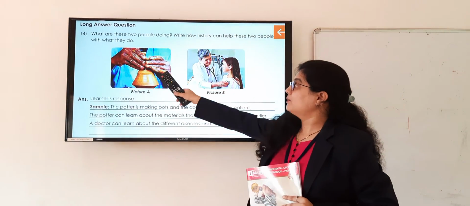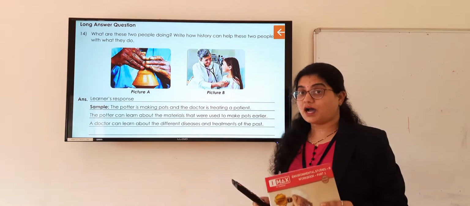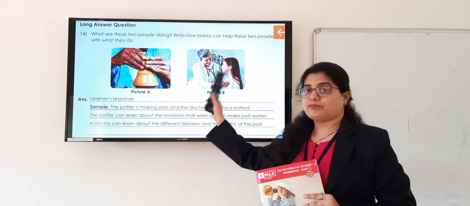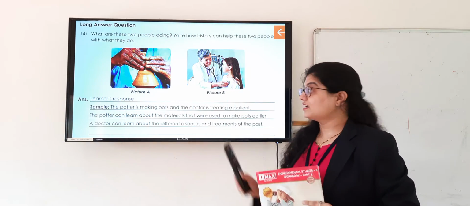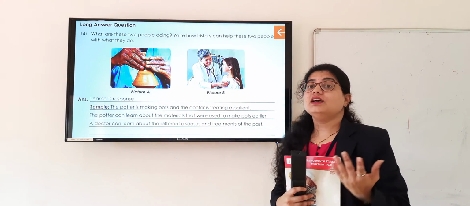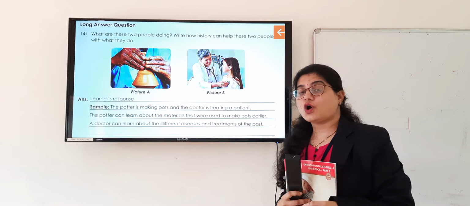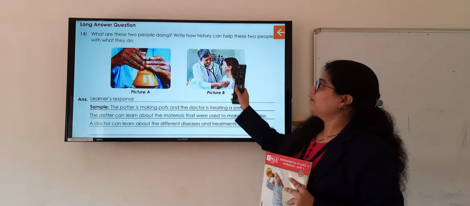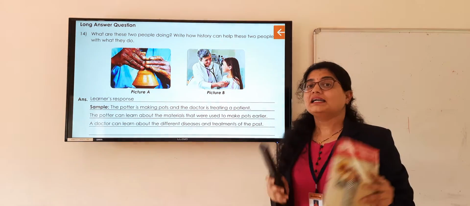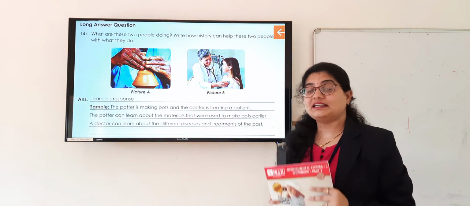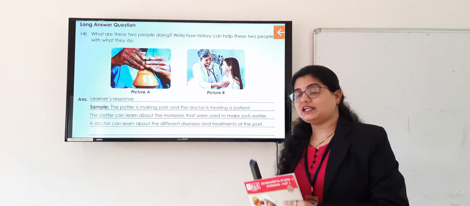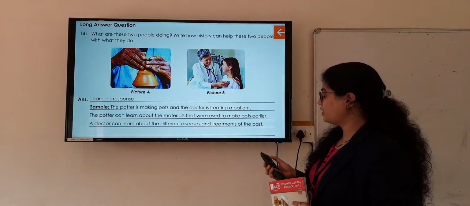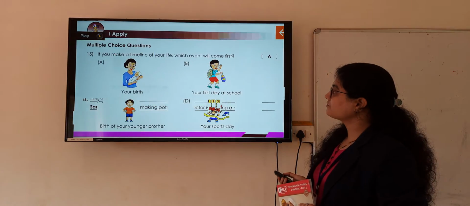Alright. So here the potter can learn more about the material which is used by people in the past. Alright. It gives him information about the material which is strong or which is weak to make pots. Alright. And by studying history, a doctor can learn about different diseases and different treatments related to the past.